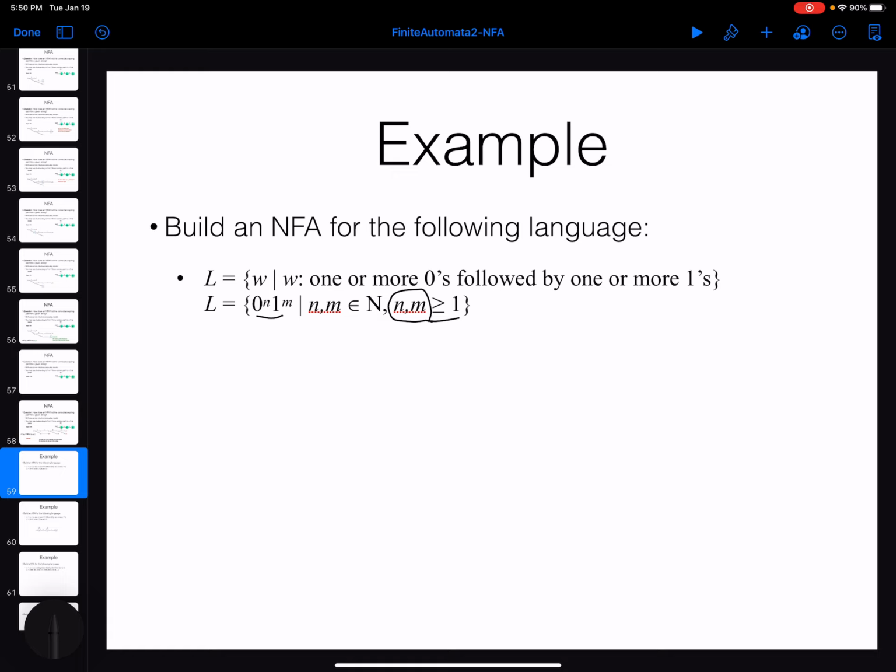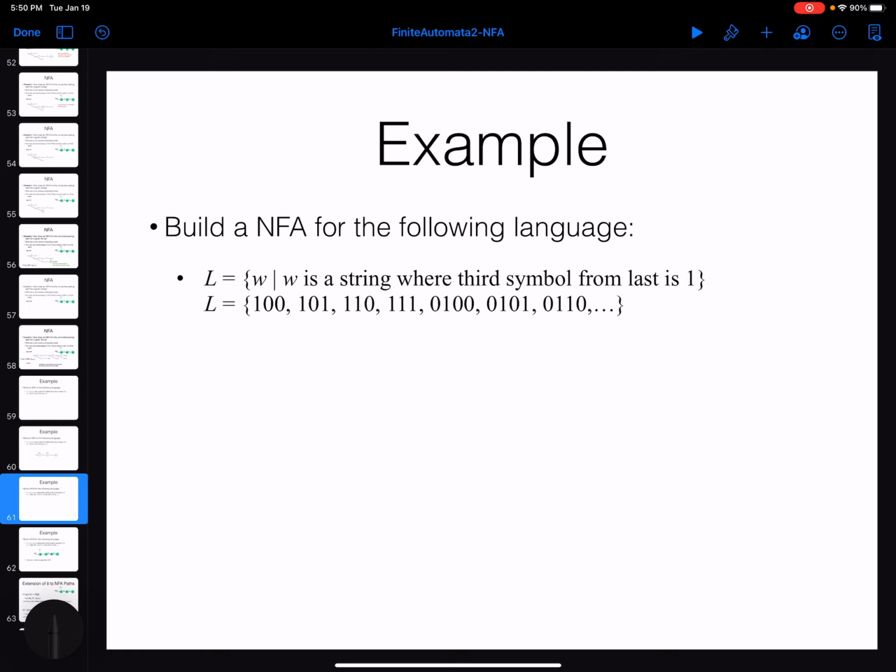So you can have any number of zeros and any number of ones greater than 1. So this is going to be an NFA that accepts the language. You first consume all the zeros, then you go to Q1, then consume all the ones, and just go to Q2, which is going to be an accepting state.